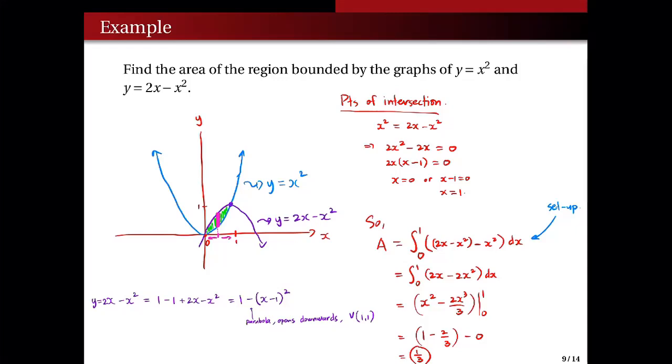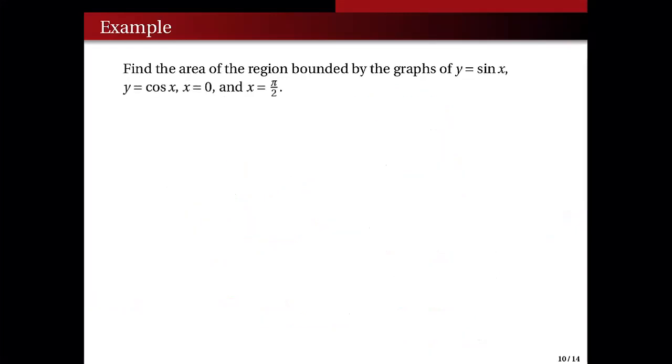Let's look at our next example. Find the area of the region bounded by the graphs of y equals sine x, y equals cosine x, x equals 0, and x equals pi over 2. So let us look at the graphs.